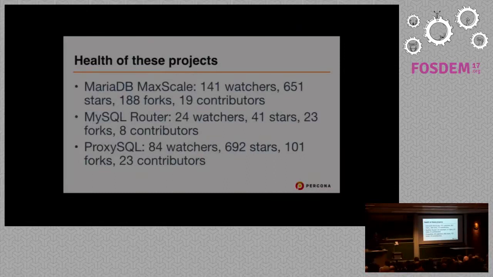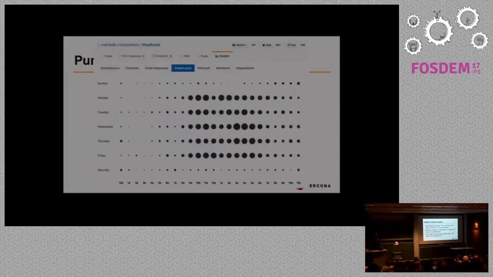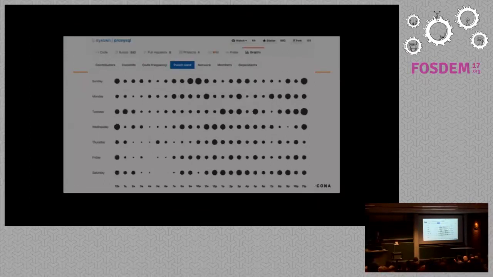So do these statistics tell you that the project is healthy? Kind of. If you see regular commits, issues being closed, it shows that people care. GitHub has this other very interesting thing called punch card. And I thought this was kind of appropriate for FOSDEM as well, because this is the punch card for MaxScale, where you see lots and lots of activity from Monday to Friday during working hours.